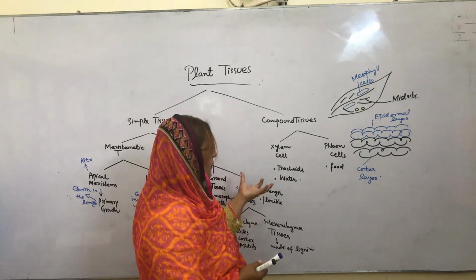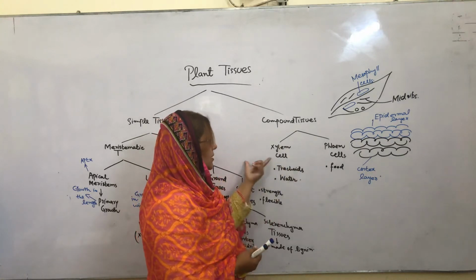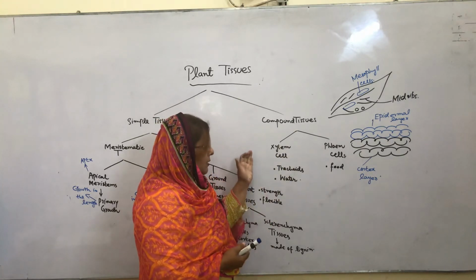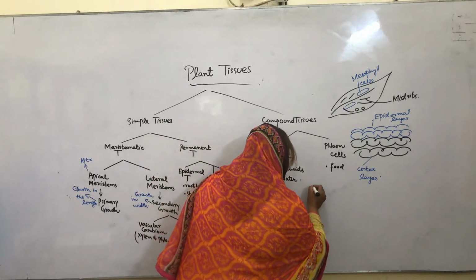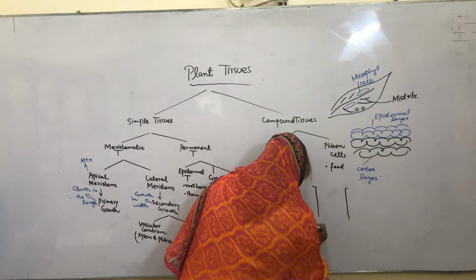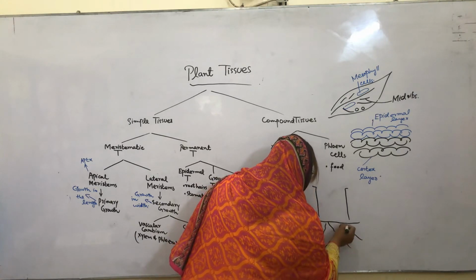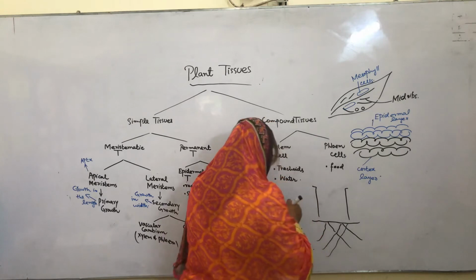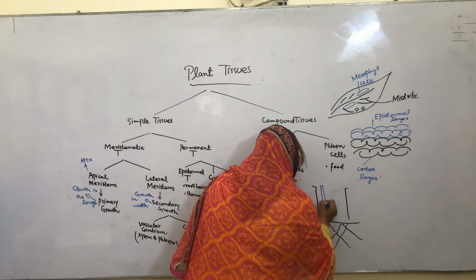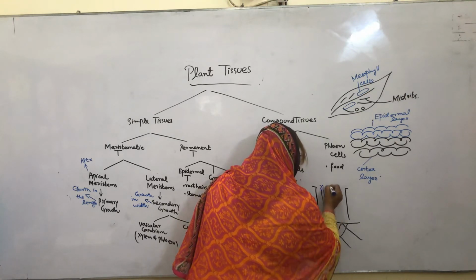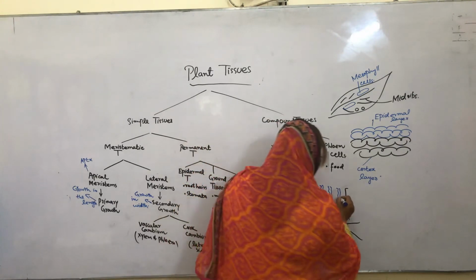Compound tissues are very important. They consist of only two parts, xylem tissues and phloem tissues. Xylem cells and phloem cells. Xylem cells are like sieve tubes. I also told you that they are present in a stem. These are the roots in the body of the plant, and these are sieve tubes. Tube-like structures are present in the body of a plant. These are called xylem cells and phloem cells.